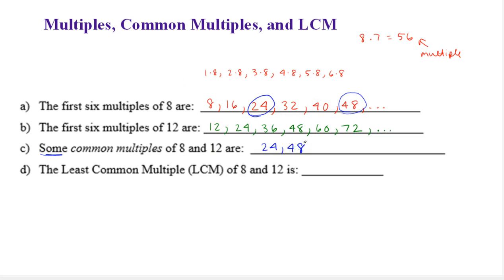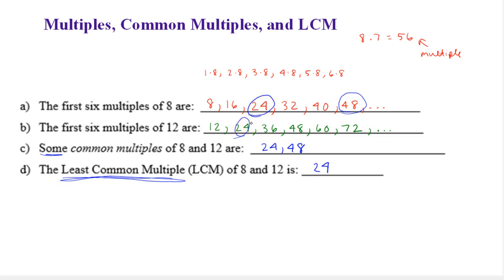What we want to find is the least common multiple, which is the smallest number in this list. So the least common multiple of 8 and 12 is 24. The first one they have in common, which is 24, is their least common multiple.